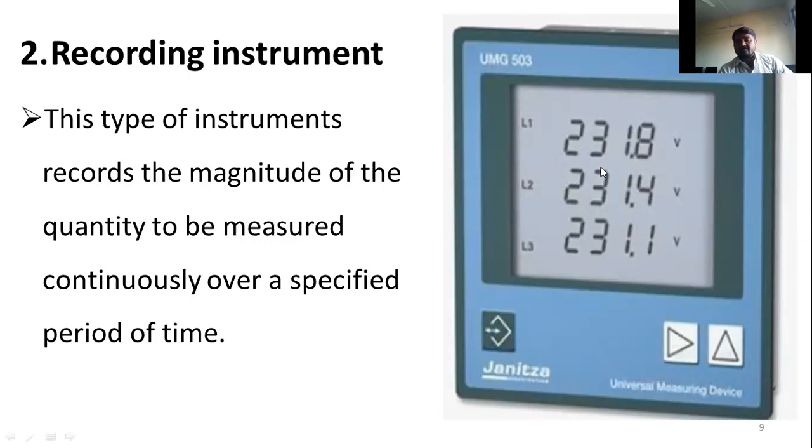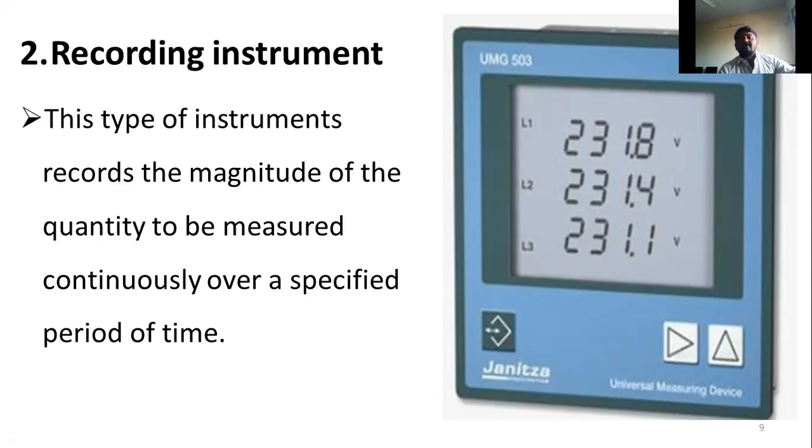L1 is 231.8, L2 is 231.4, L3 is 231.1 here now. This is line 1 voltage, line 2 voltage, line 3 voltage, and with respect to time, it is going to record that.